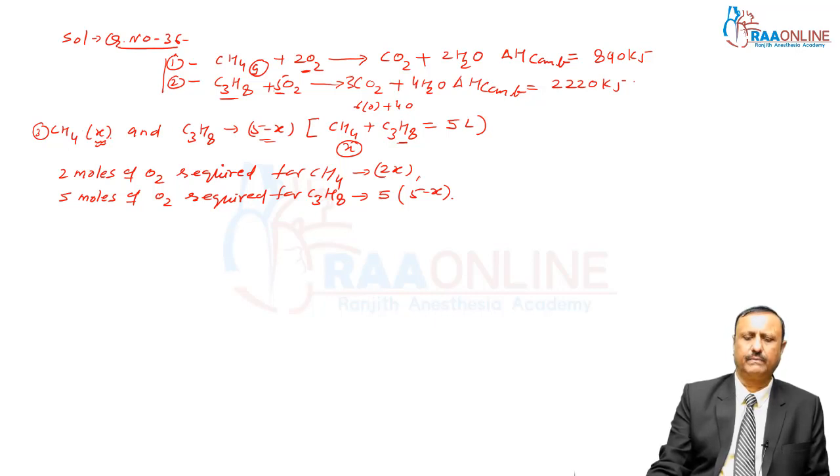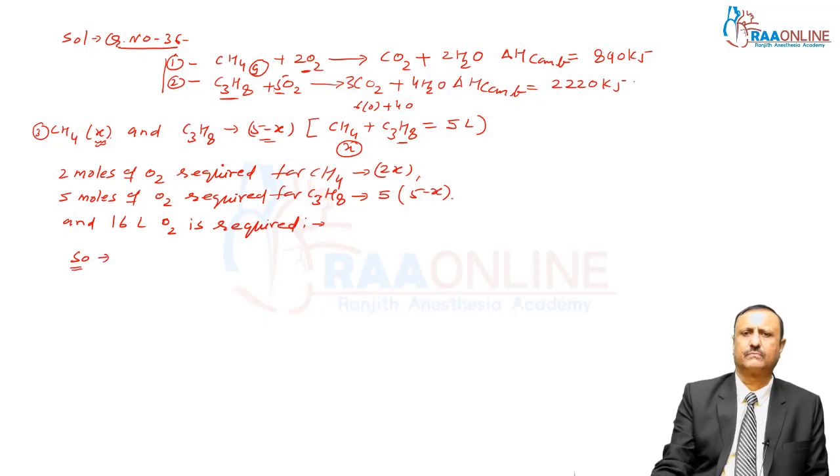So it is called 5 into 5 minus x, and 16 liters of oxygen is required. 16 liter is given in the question: oxygen is required for combustion of methane and propane. Because when methane and propane combust in the presence of oxygen, you get heat in the Bunsen flame. So 16 liter oxygen is required.